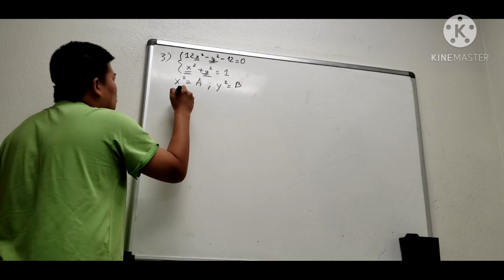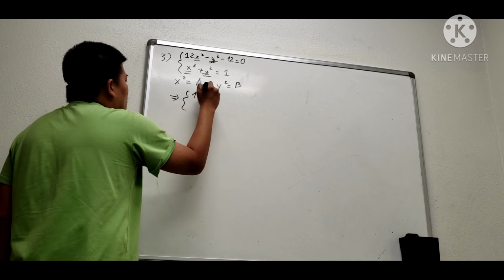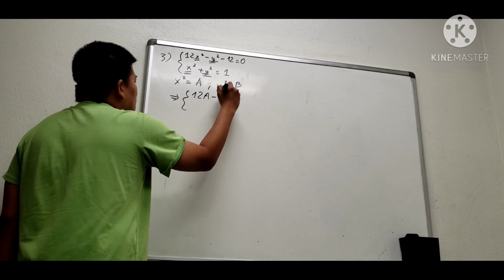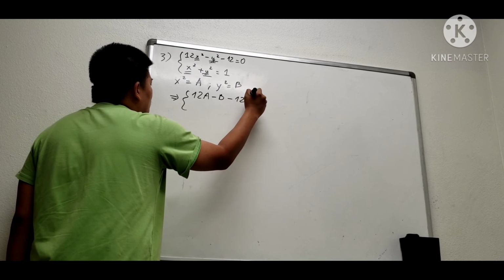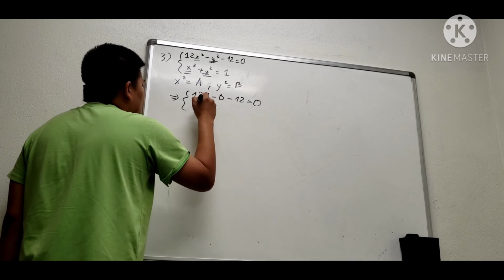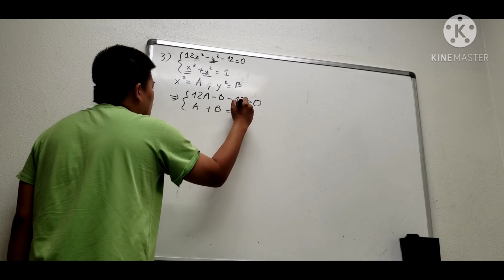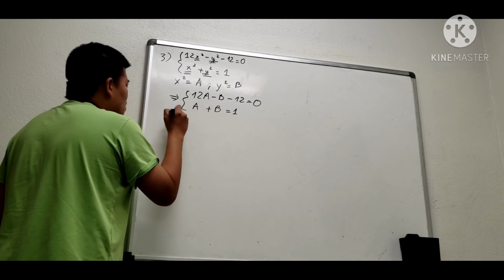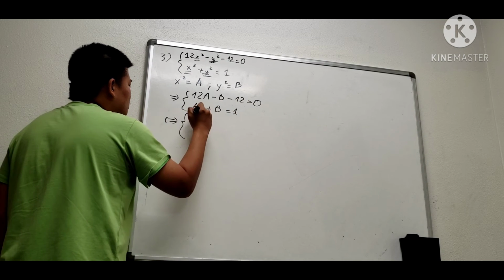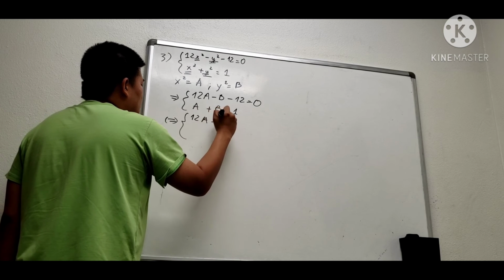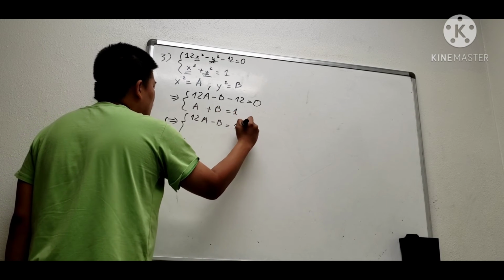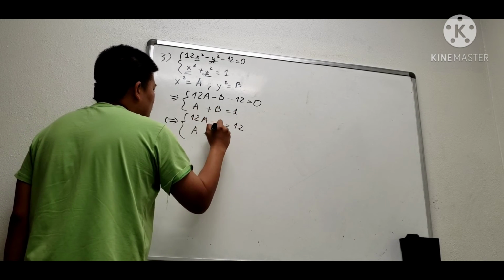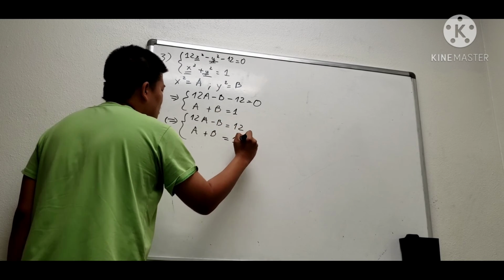So you get 12a - b - 12 = 0, a + b = 1, which is 12a - b = 12, a + b = 1.